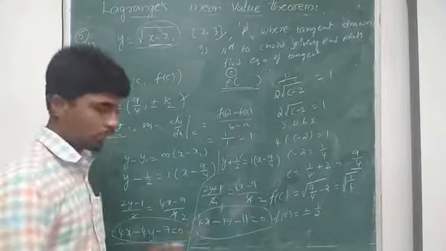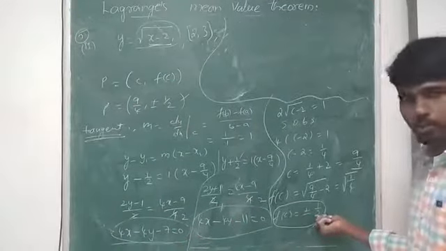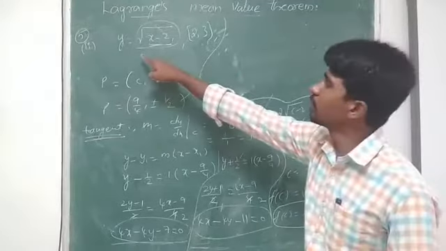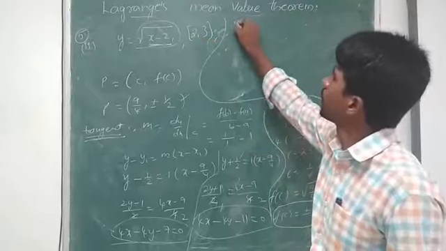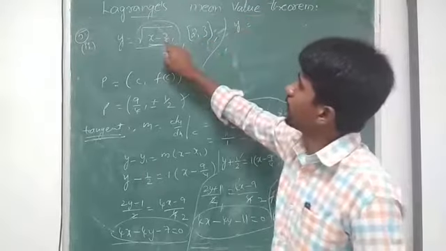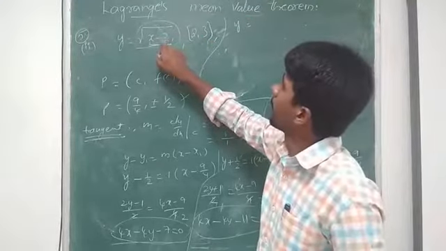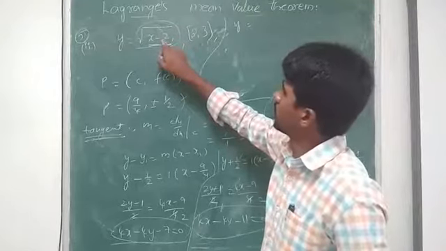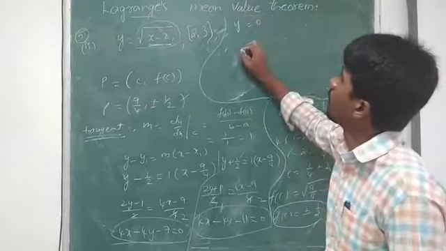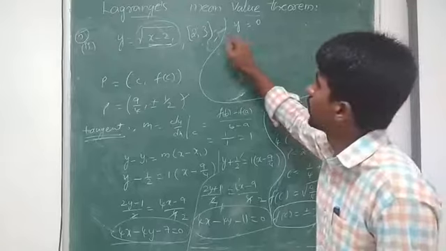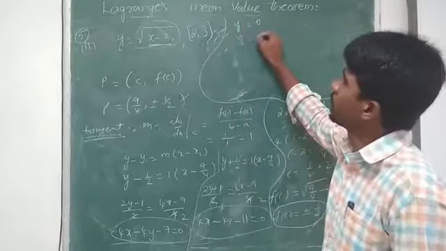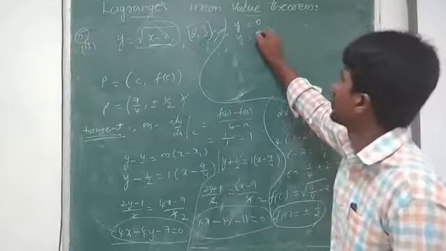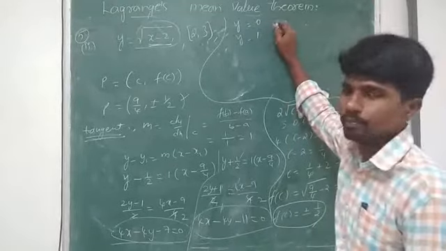And this equation, they didn't ask for c as plus or minus 1 by 2. Check the values of y. If I substitute the x value 2, y will be equal to root of 2 minus 2, which is 0. If I substitute the x value as 3, 3 minus 2, y is equal to root of 1, which is equal to 1.